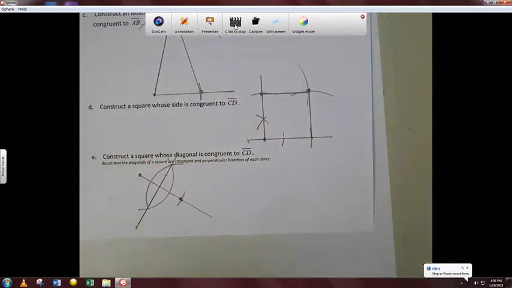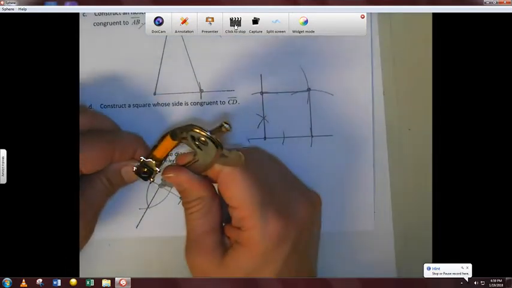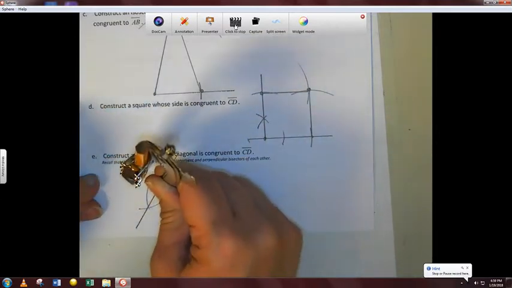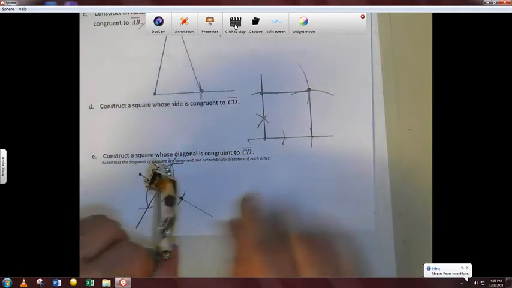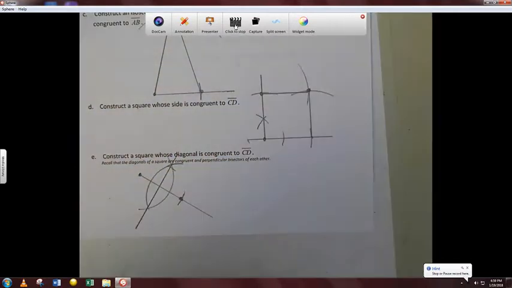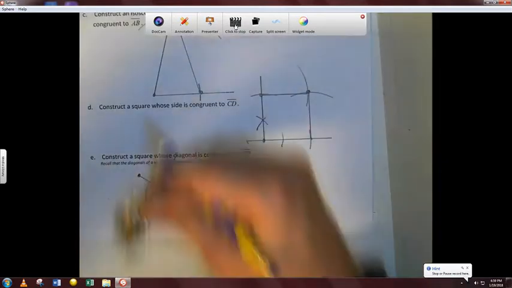Alright. And then, since I know I want my diagonals to be congruent, because in a square the diagonals are congruent, I'm going to measure 1/2 of the original diagonal, and I'm going to swing an arc over here. And that will be a vertex of my square. And then I'm going to do the same thing on the other side.